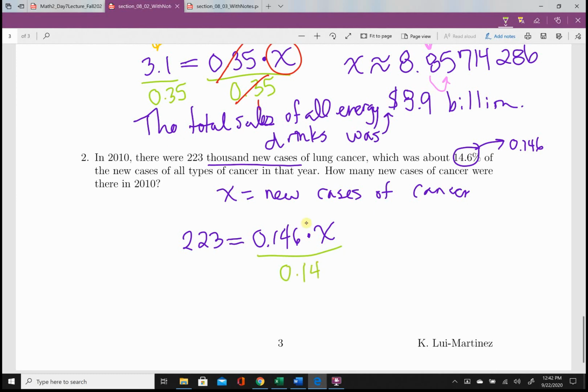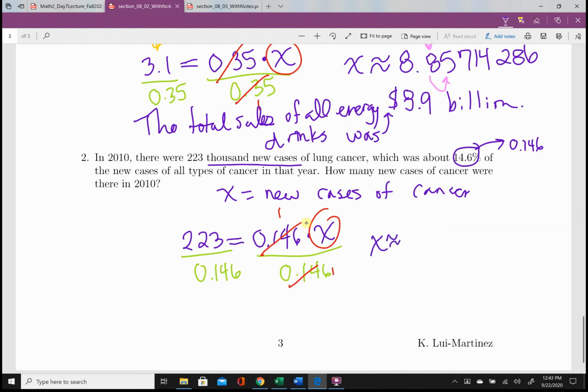We are just going to divide both sides by the 0.146. We'll get X by itself here, and we need to reach for our calculator. So again, here we go. I'm going to type in 223 divided by 0.146, and that'll be 1,000.